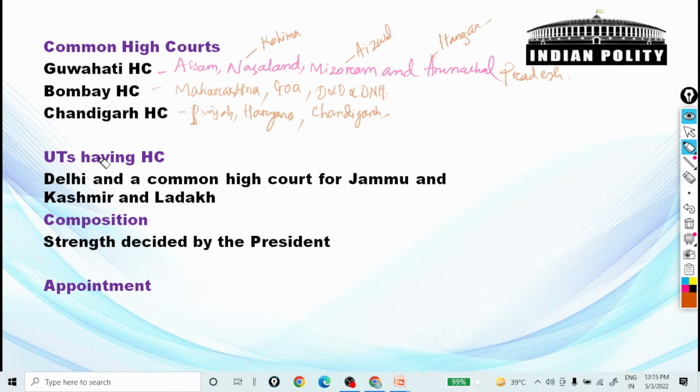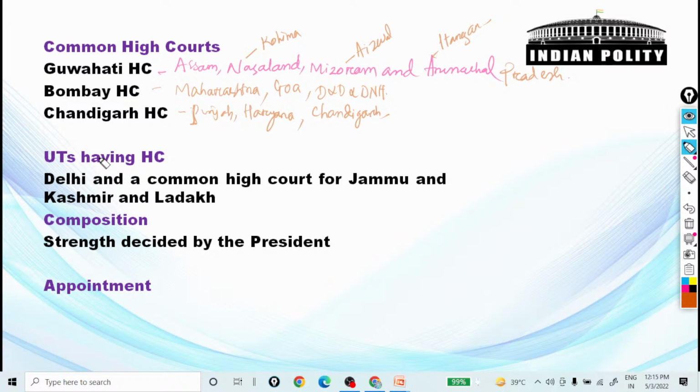So far, Delhi was the only union territory to have a high court, but after the creation of the Jammu and Kashmir and Ladakh union territories, Jammu and Kashmir has also got a high court, and Ladakh comes under its jurisdiction. So it can be said to be a common high court because it has two union territories under its jurisdiction. That is all about the setup.